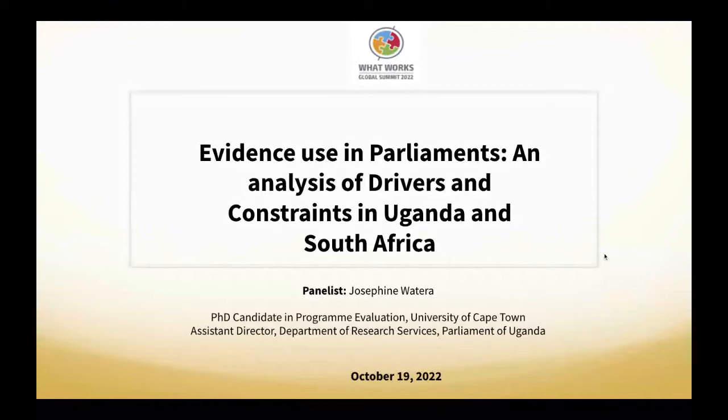My research is looking at drivers and constraints to evidence use. I'm looking at what the sources of evidence are in that first box.